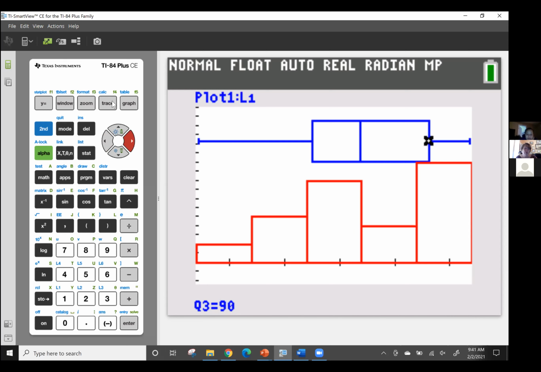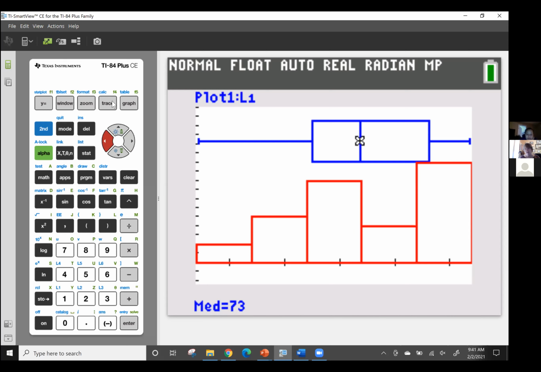So you have a full quarter of your data above 90. That's pretty good. So it kind of tells you, you got actually more people scoring higher than you have scoring lower. As a matter of fact, your median, you got 50% of your class scoring above a 73. So that's pretty good that you got half of your class scoring above 73.